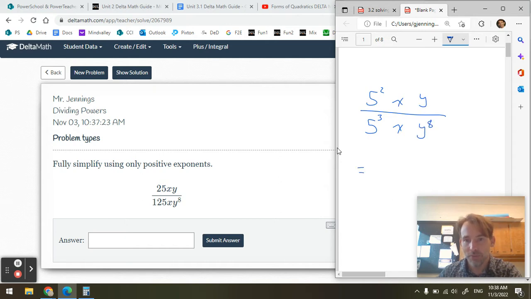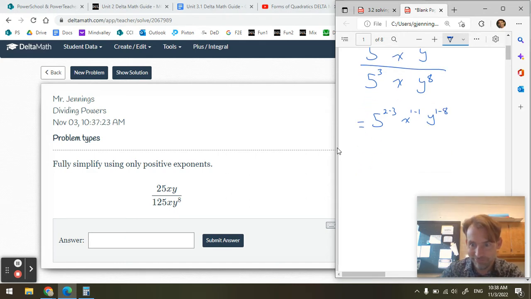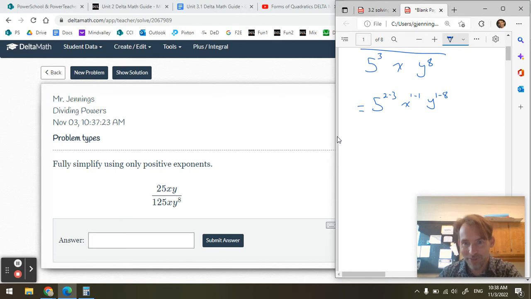So that's equal to 5 to the 2 minus 3 over x to the 1 minus 1 multiplied by y to the 1 minus 8. This is the long way to do it, which is equal to 5 to the negative 1, x to the 0, y to the negative 7.